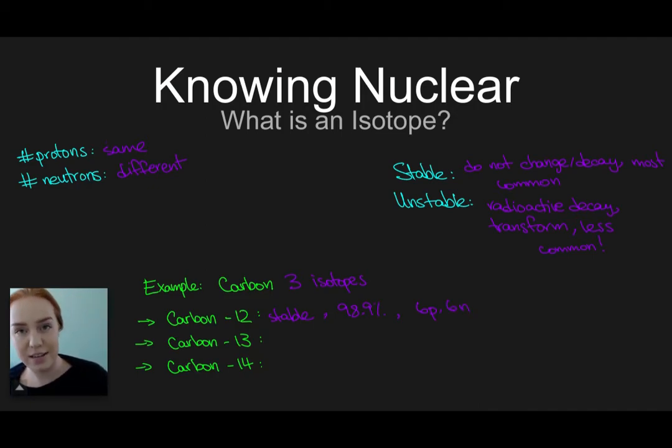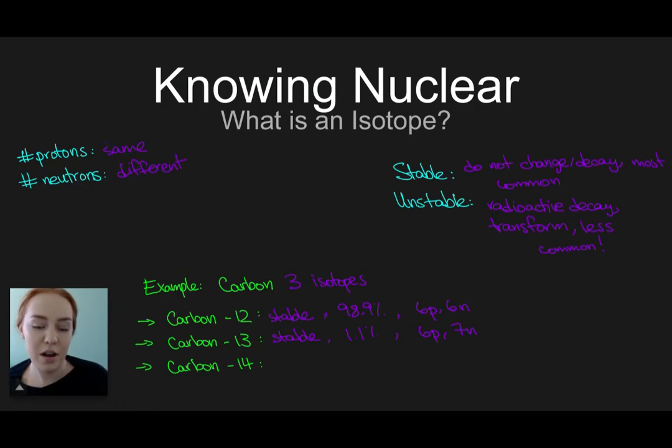Okay, the second isotope of carbon, also stable, is carbon-13. It makes up only 1.1% of all the carbon atoms that are found, and it has 6 protons and 7 neutrons.